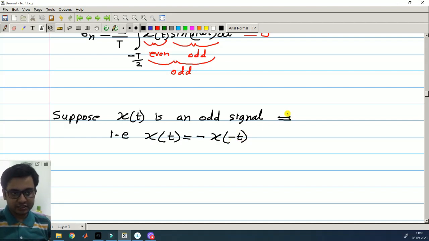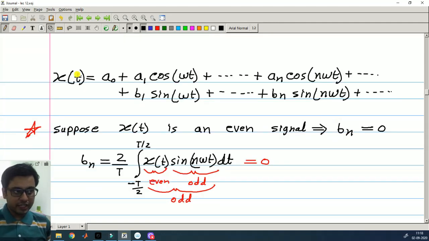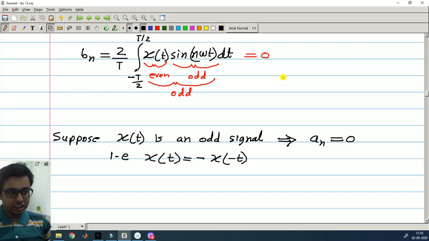In that case, an will be equal to 0 for all n, because the left side is odd, and therefore the even terms, the cosine terms, must vanish. So a1, a2, an, all of them will be 0.